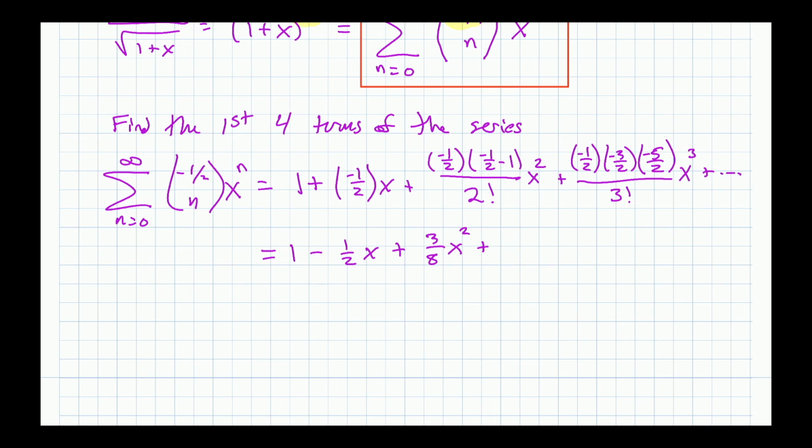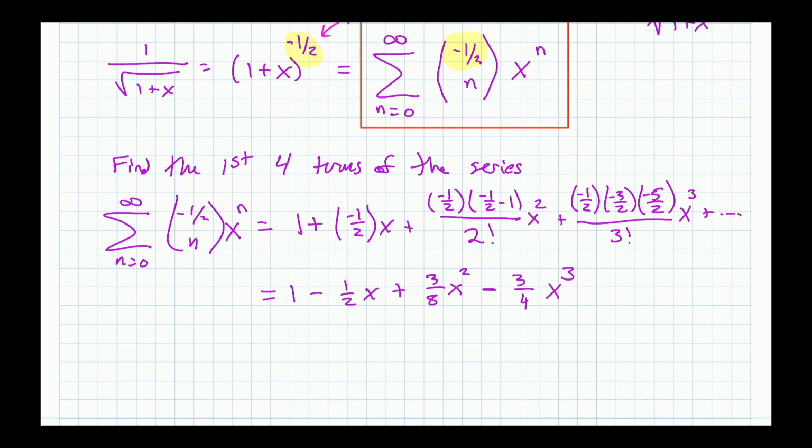I'm going to check the sign in a second. So what should the sign there be? It looks like I have a negative times a negative times a negative, which would actually be a negative. And so there you go. And that is the first, I mean, it keeps going, but that's the first 4 terms from the Maclaurin series.